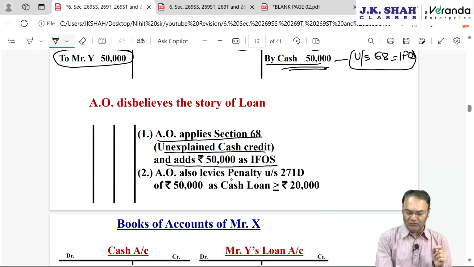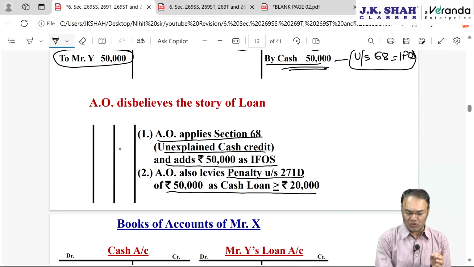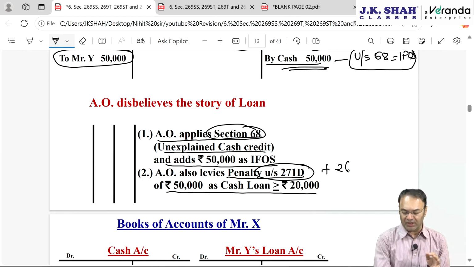Plus the AO invoked penalty under 271D for accepting a cash loan of 20,000 or more. Whether both can be levied or not, the matter went up to the court. The court said that both cannot be applied together. Section 68 and 271D read with 269SS are mutually exclusive. Both cannot coexist.